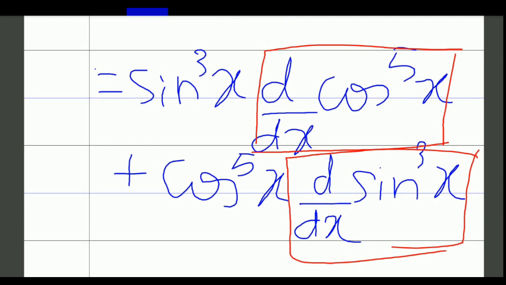Now we replace the differential of cos raised to 5x with the answer of equation number 1, and the differential of sin cube x with the answer of equation number 2.